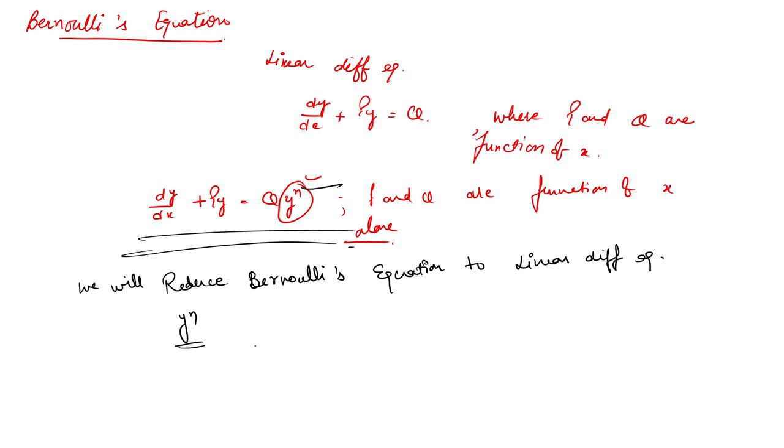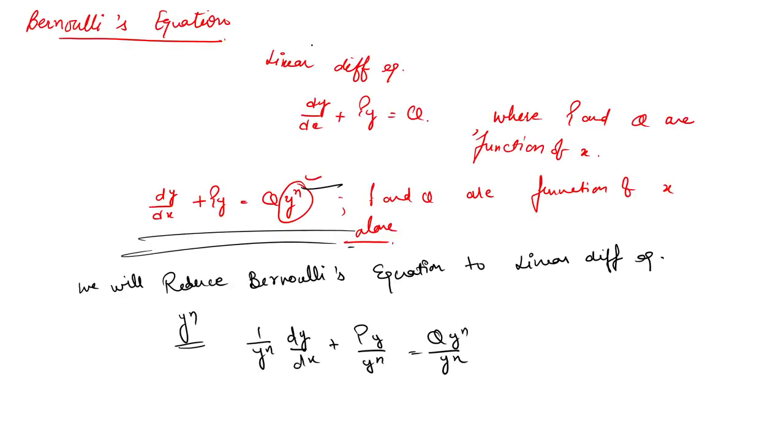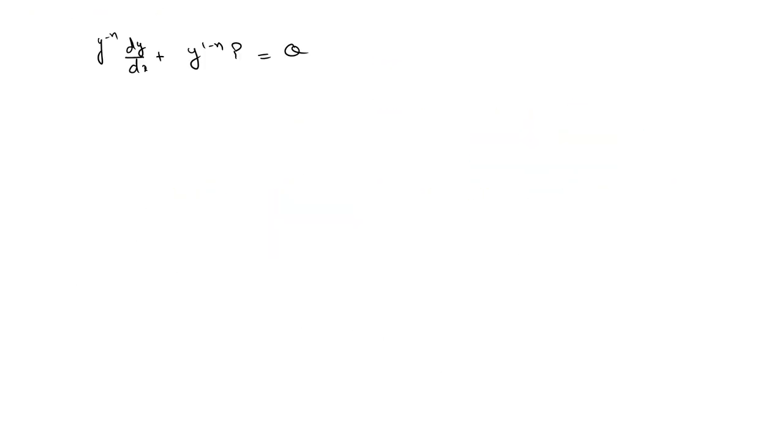So if we divide by y to the power n, we get 1 by y^n dy by dx plus p y divided by y^n equals q y^n divided by y^n. So here it is y^(-n) dy by dx plus p y^(1-n) equals q. So our equation is reduced to this.